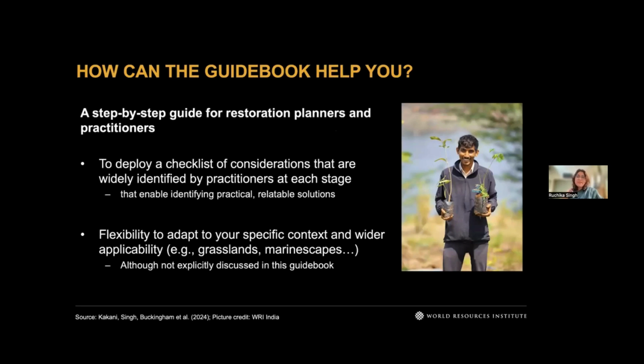A list of questions that are widely identified by practitioners at early stage, which people who are starting projects newly will really appreciate. But sometimes even existing practitioners or planners or funders, when they're thinking about developing a project, is there something that's being missed out? Could there be a particular process or question that hasn't been thought through? How do we think about some of these things and solutions? Essentially, that's what it does.